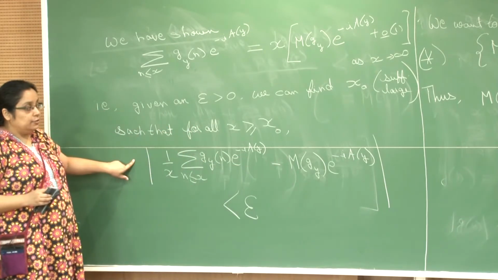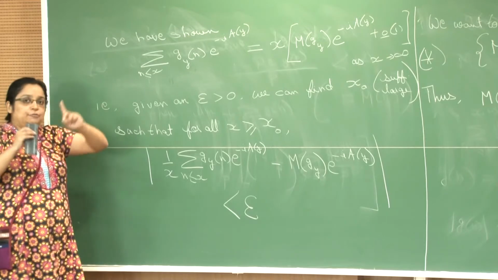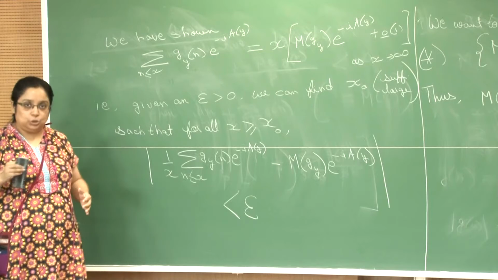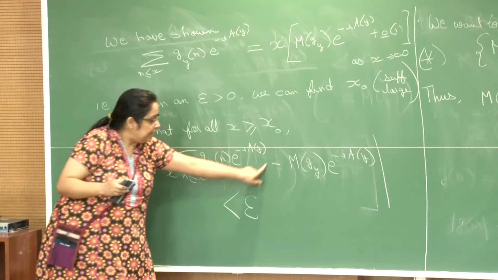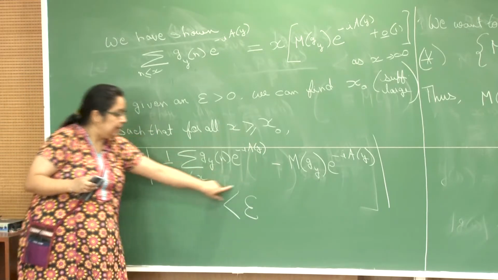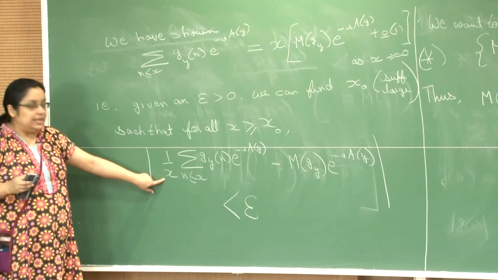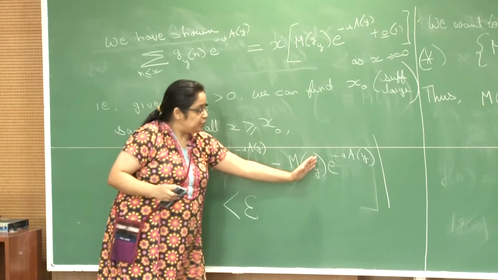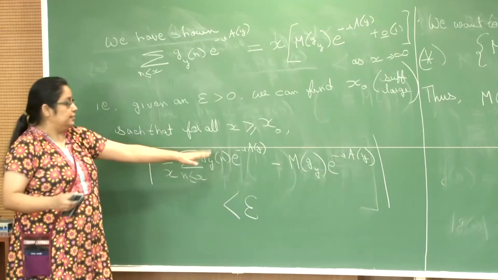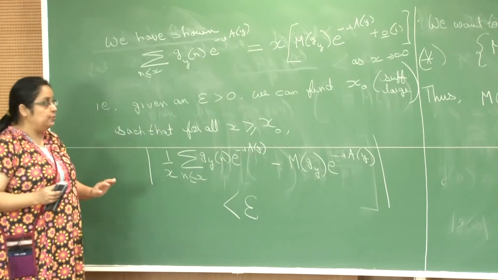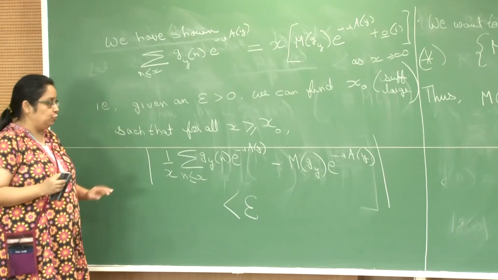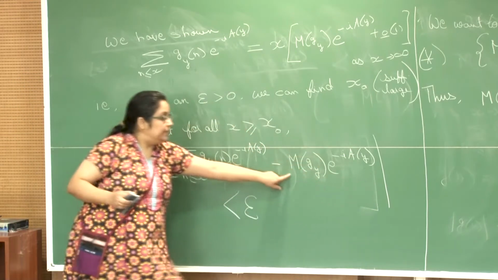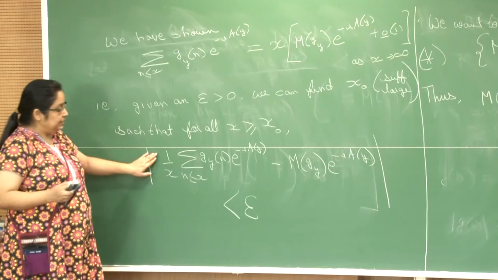Using this fact, we can take y and z very, very large, take x to be even larger than those, and show that this particular quantity satisfies the Cauchy condition. Once you can show it for this, the Cauchiness of this part will also follow, and therefore we will get what we want. So, this is the key idea. We want to convert our study of this particular term into these sums.